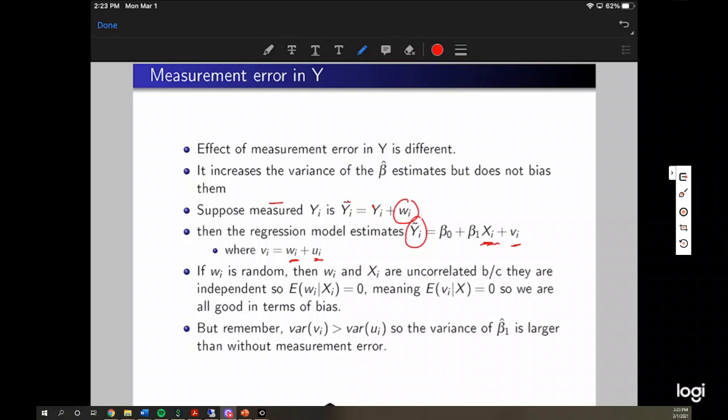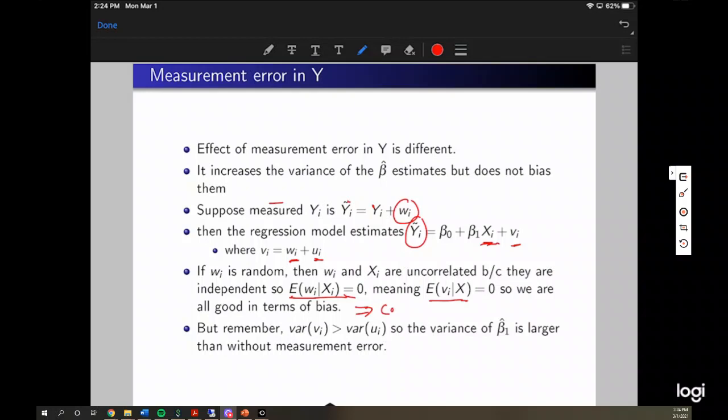If wi is random, then wi and xi are uncorrelated because they are independent, so the expected value of wi times xi is equal to 0, meaning that the expected value of the entire error term conditional on x is equal to 0. So we are all good in terms of bias. We've satisfied OLS assumption number 1.